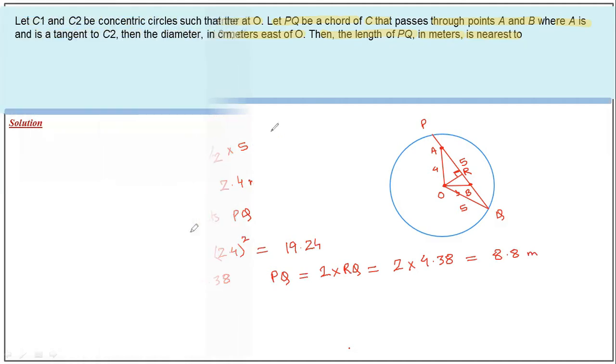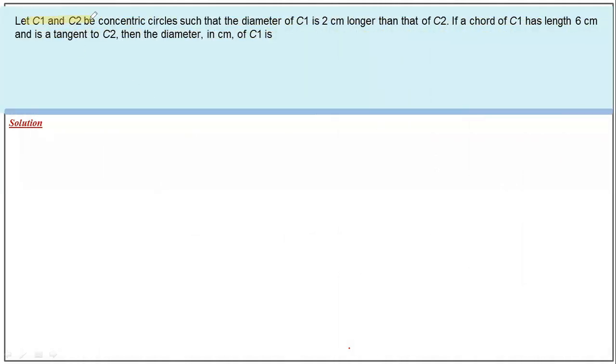Let C1 and C2 be concentric circles such that the diameter of C1 is 2 cm longer than that of C2. If a chord of C1 has length 6 cm and is a tangent to C2, then the diameter in centimeter of C1 is what?